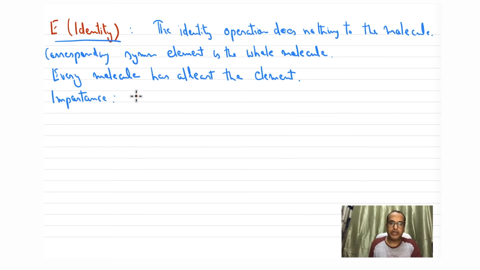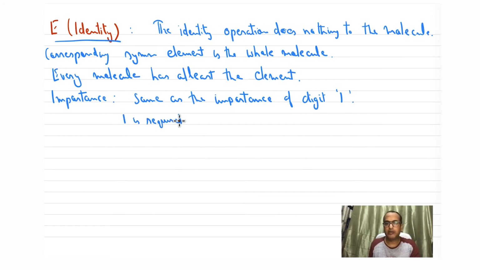So the importance is the same as the importance of the digit 1. For example, 1 is required to define the inverse of a number, right?